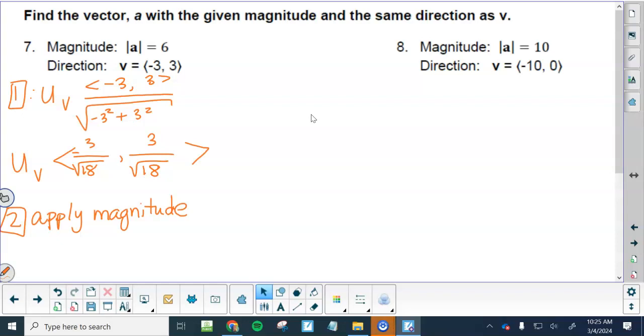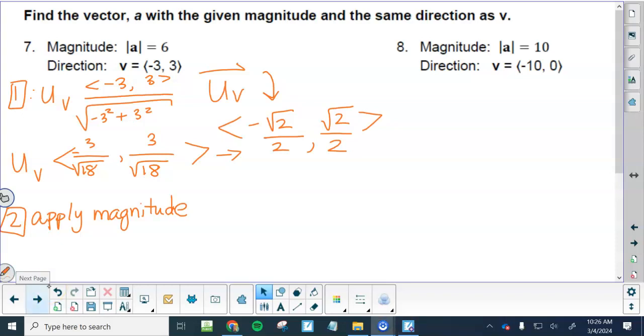Okay, so this simplifies to... You better make sure you get that, and you need to tell me if you don't get that.